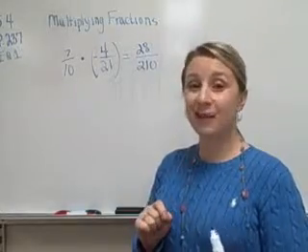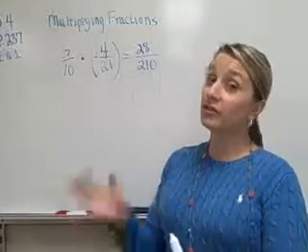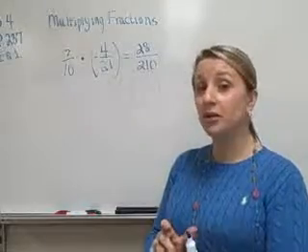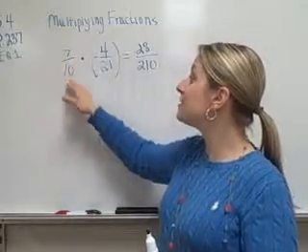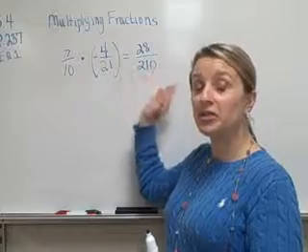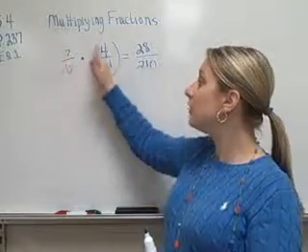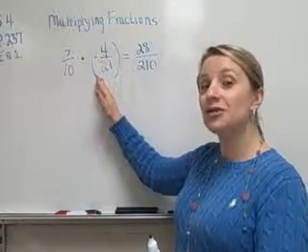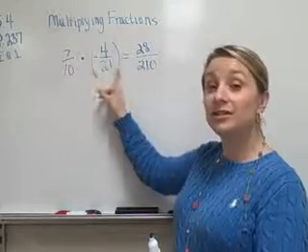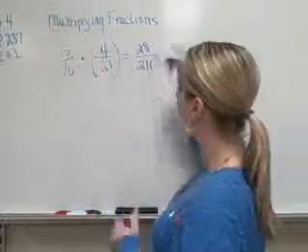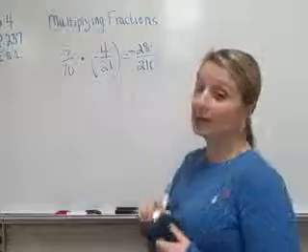Now let's think about the sign for a minute. We learned in the very first chapter of the book, when you work with numbers, if the signs are the same and you multiply them, your answer is positive. If the signs are different and you multiply them, your answer is negative. These signs are clearly different. This one's positive, this one's negative. So my final answer will be negative.